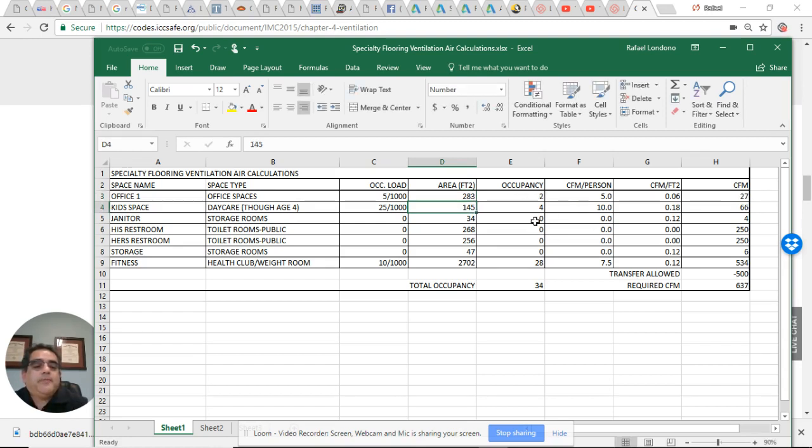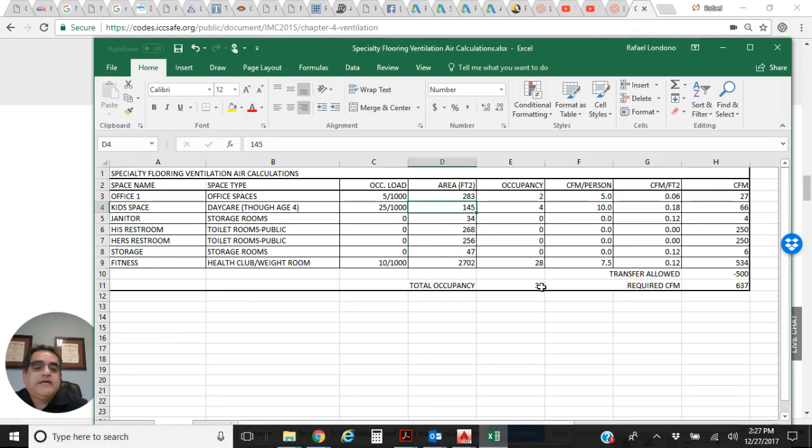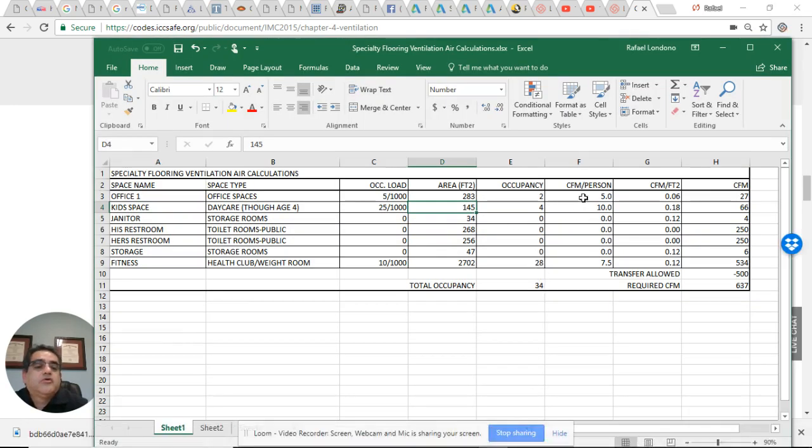Okay. From the table, we go back and we see that office spaces is 5 people per 1,000 square feet, but it's also 5 CFM per person. That's 5 cubic feet per minute of air per person. So that's a number we grab from the table.